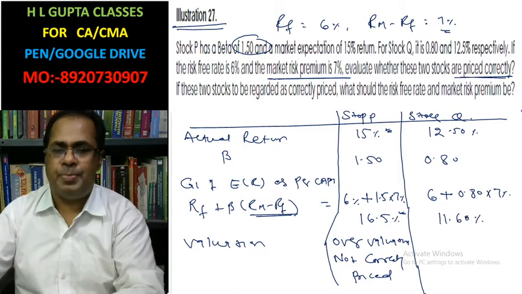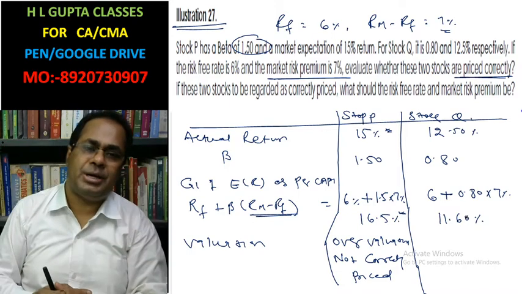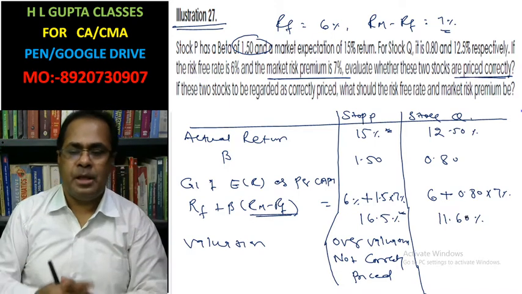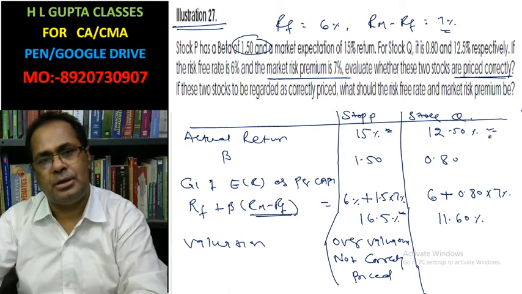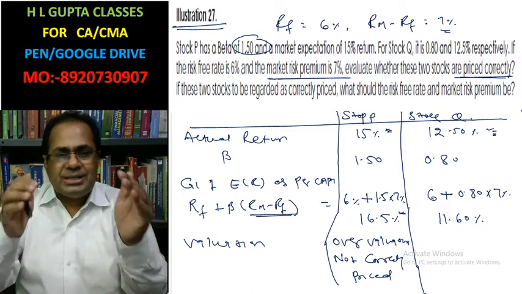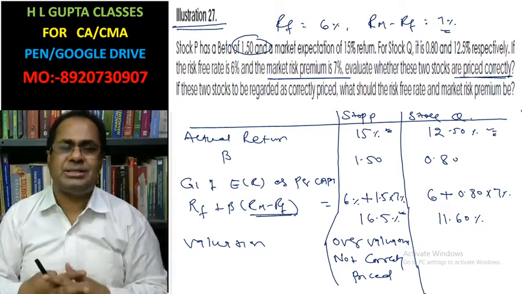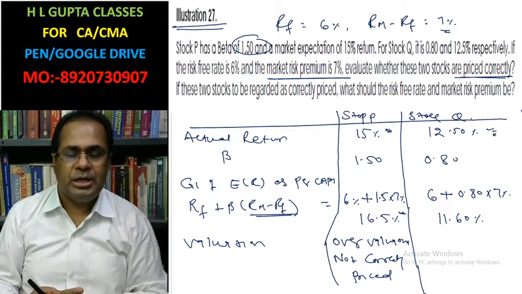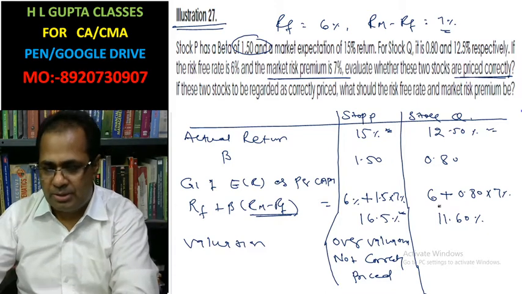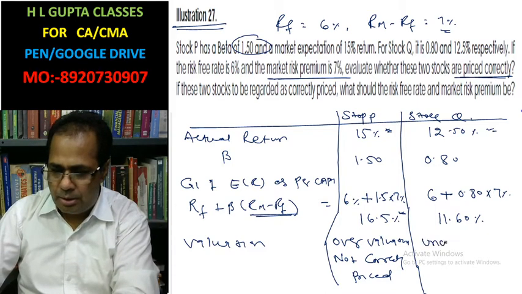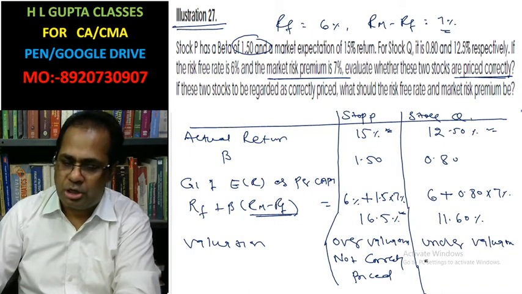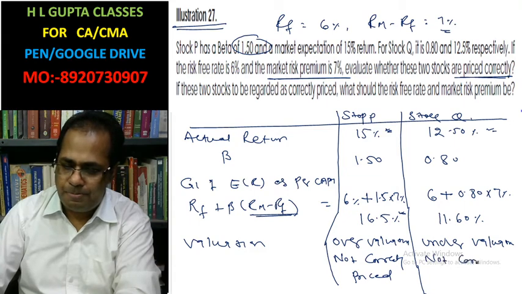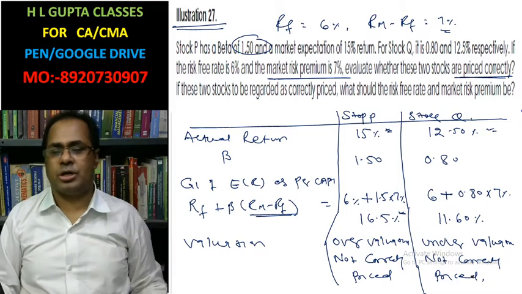It means the investor is expecting 11.60%, but the company is providing an actual return of 12.50%. The investor is expecting lower than what he is receiving. Then it is said to be undervaluation. It is not correctly priced.